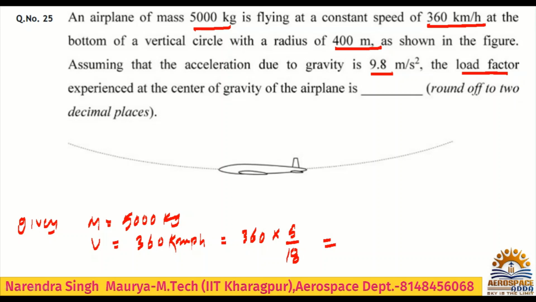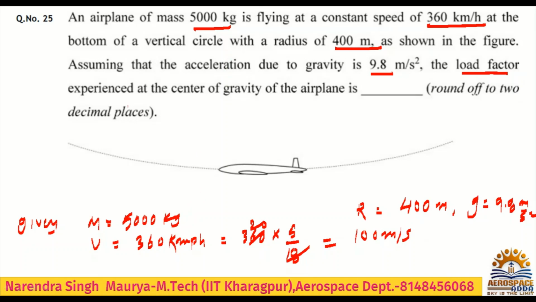How much do you get? It is 100 meter per second. Another value they have given is radius, which is 400 meter. G they have given as 9.8 meter per second square. These are the given data.